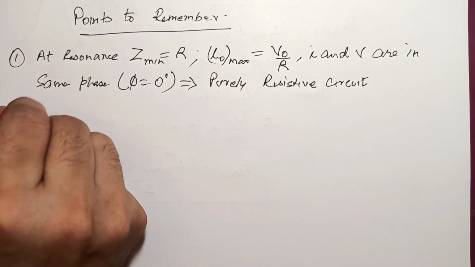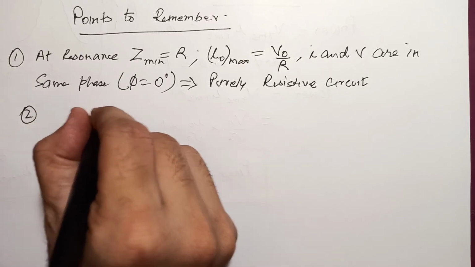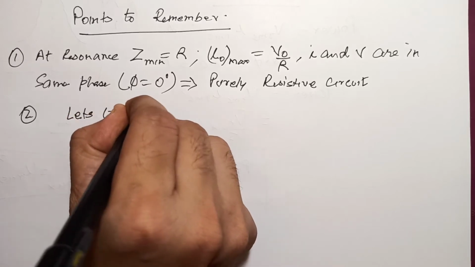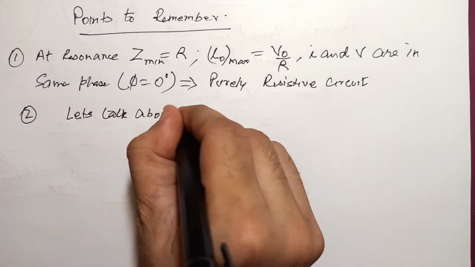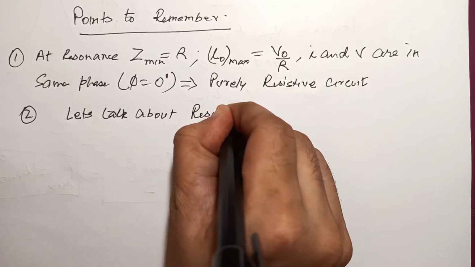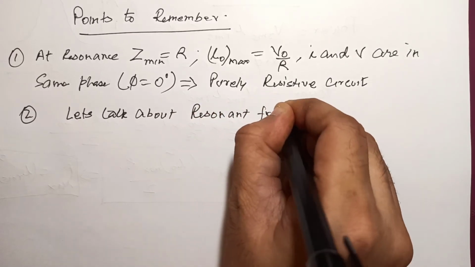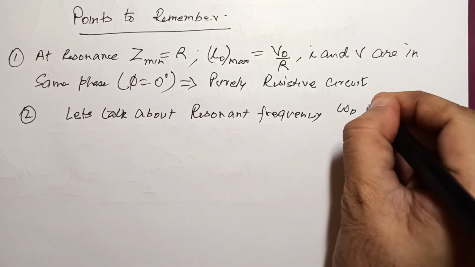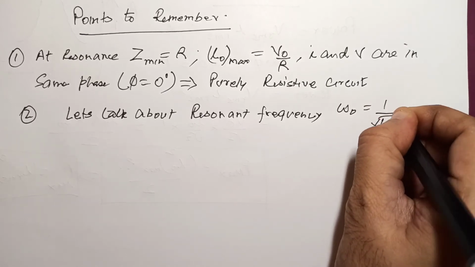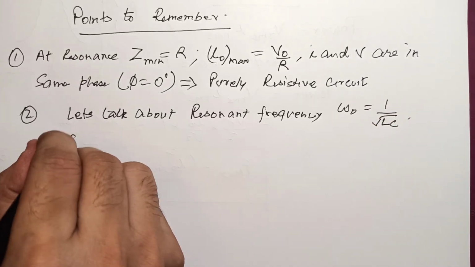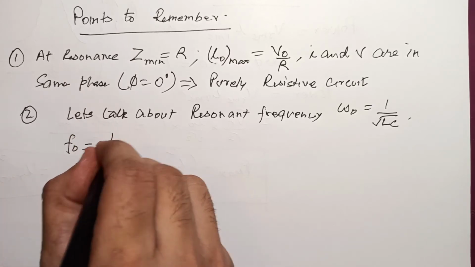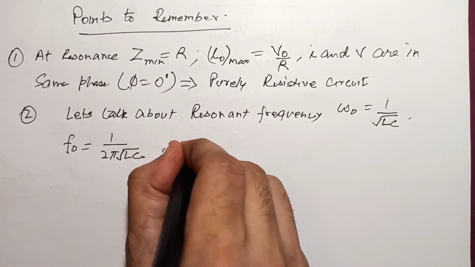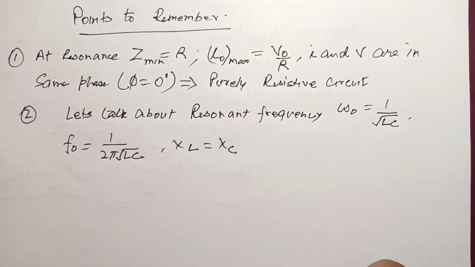Point number 2. Let's talk about resonant frequency. We know omega naught is equal to 1 by under root LC, or we can say F naught is equal to 1 by 2 pi under root LC, or I can say XL is equal to XC at the resonant frequency, which we have already discussed.